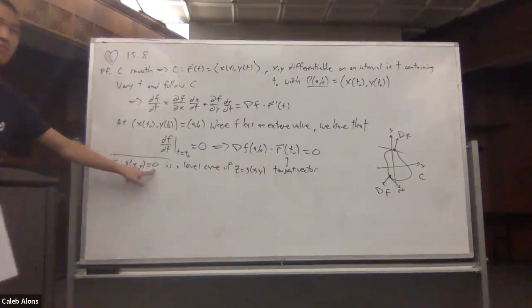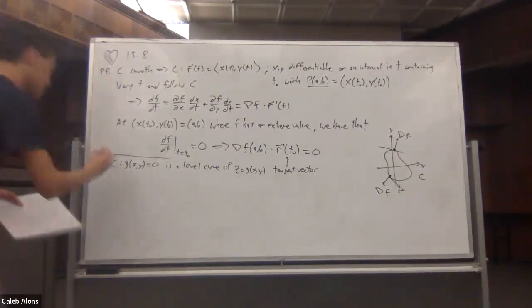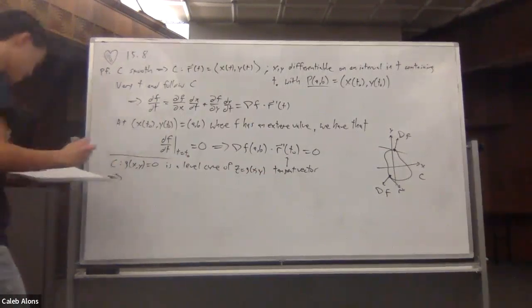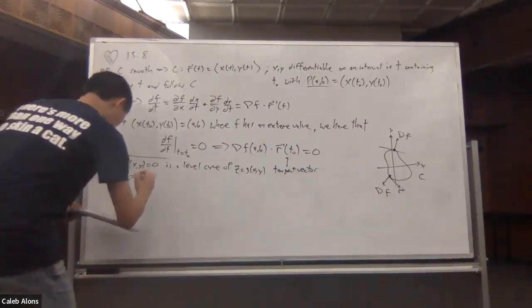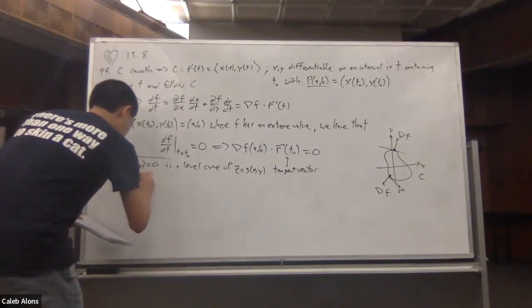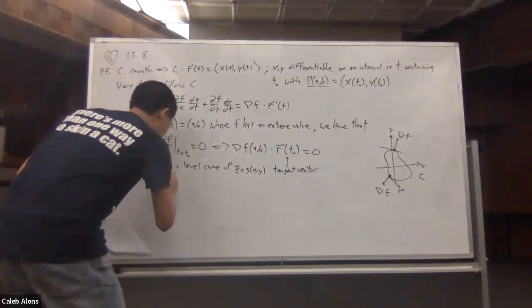Restricting it to g(x, y) = 0 in the xy-plane, that's just a level curve. And so the gradient of g at the point will be orthogonal to C.